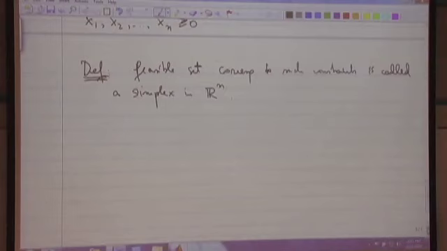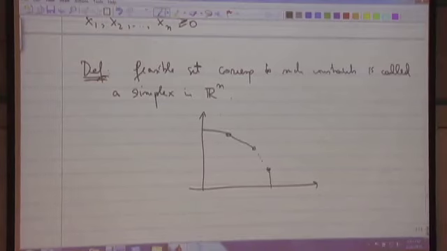So it's quite hard to plot, and this doesn't do justice here because this is in Rn, right?